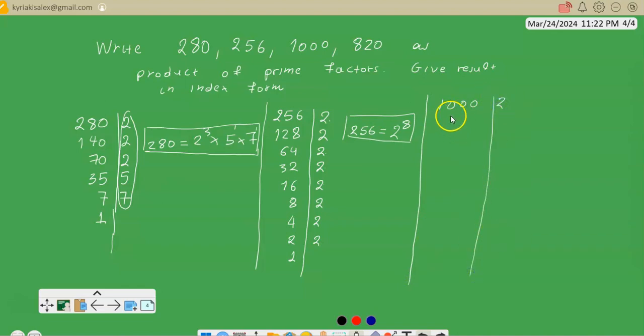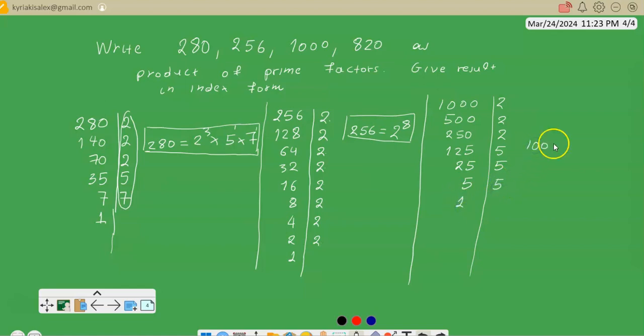We divide by 2. This gives me 500. Divide by 2, 250. Divide by 2, 125. Then we have to divide by 5, which is 25. 25 divided by 5 is 5. 5 divided by 5 is 1.